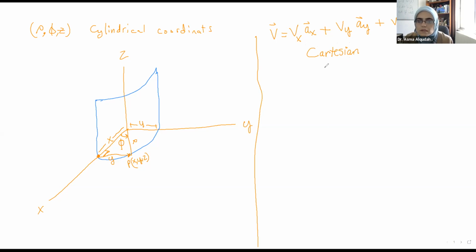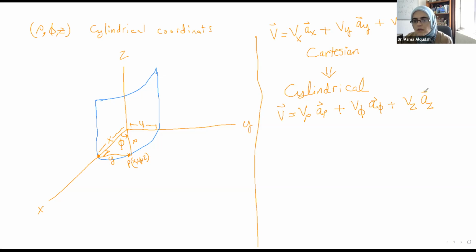We want to transform it into cylindrical, to be V equal to V sub rho A sub rho plus V sub phi A sub phi plus V sub z A sub z.